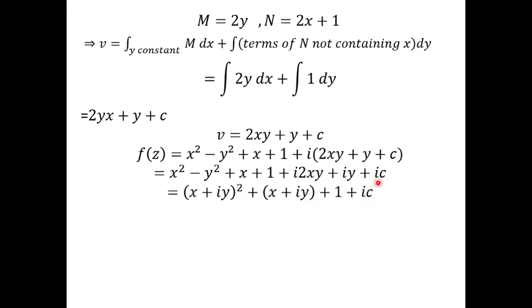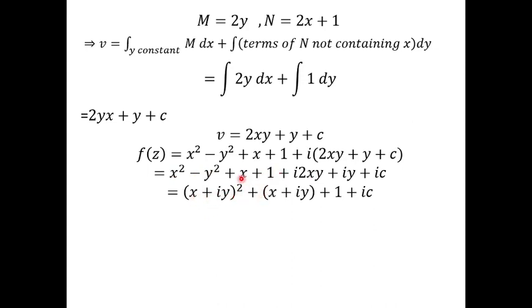That is nothing but, see here, x square plus 2xy into i plus, y minus y square can be written as i y square. So the first term, second term and fifth term can be written as x plus iy whole square.